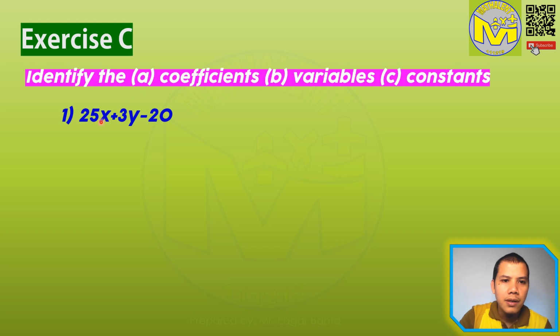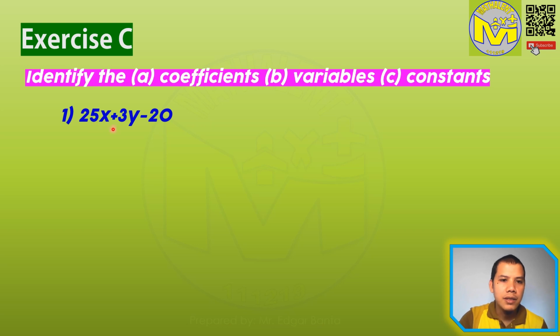First, let's count the terms. How many terms can you see in this equation or expression? 25x plus 3y minus 20. Actually, it is equal to 0.